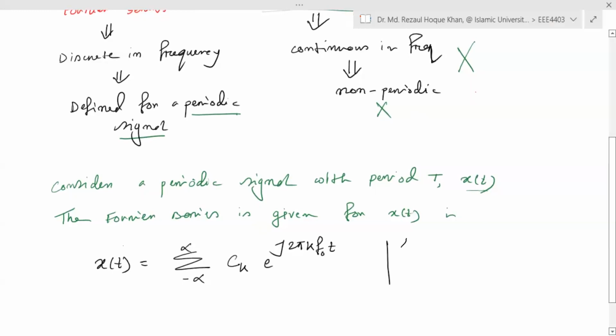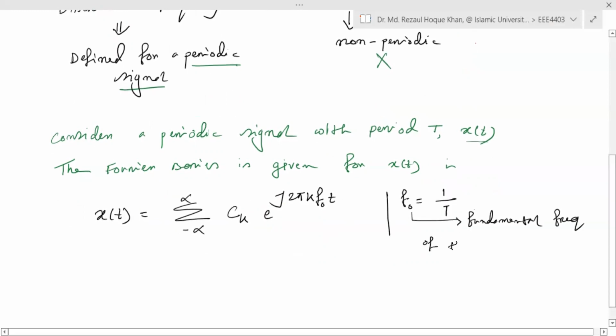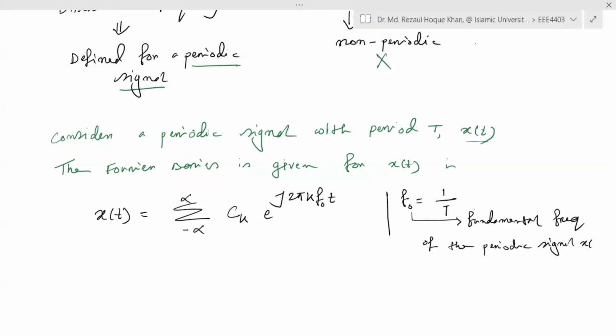Here f0 is nothing but 1 by T, which is the fundamental frequency of the periodic signal x(t), right?